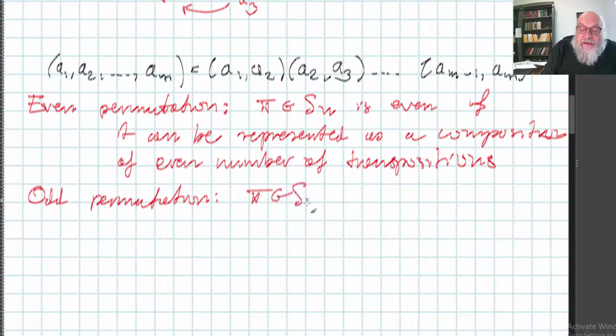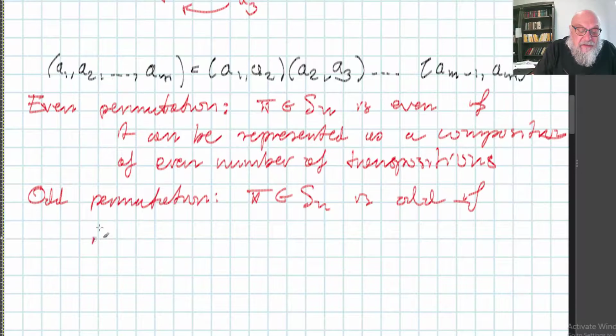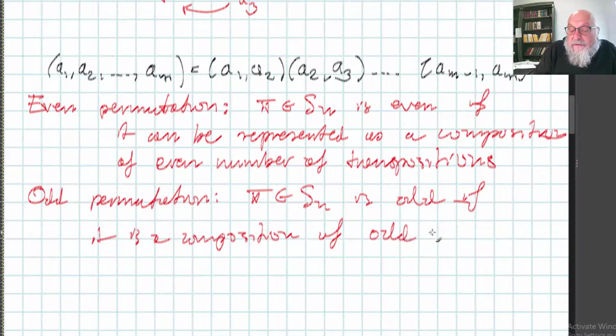That means pi belongs to Sn and is odd if it is a composition of an odd number of transpositions.